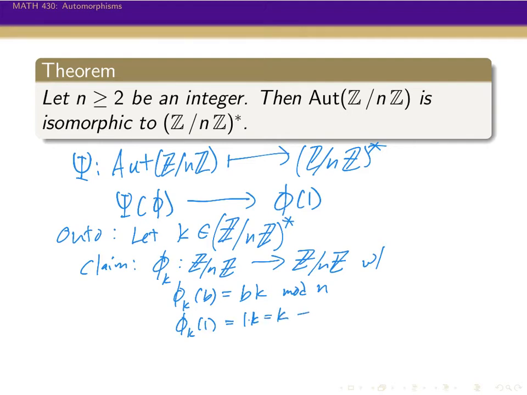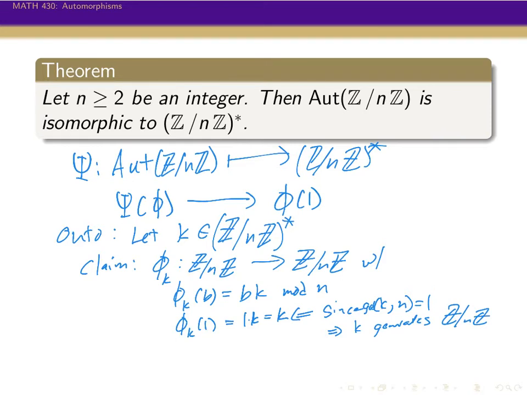And since k is relatively prime to n, their GCD is equal to 1, then k generates Z mod nZ.